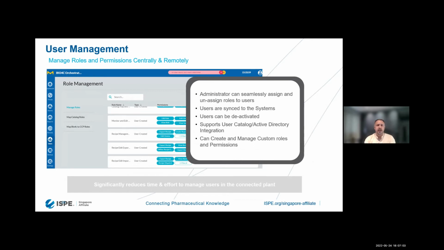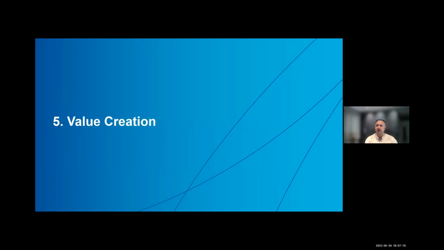Given that scenario, it's important that an administrator or the plant manager has the power to assign or unassign users across their team, so that they can operate the different unit ops. With that, this is my last section, and after this we'll open up for the Q&A.